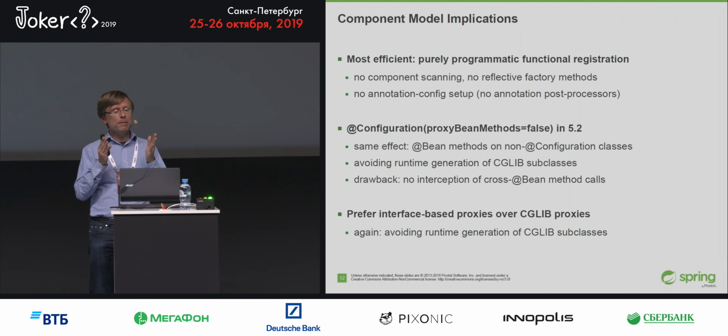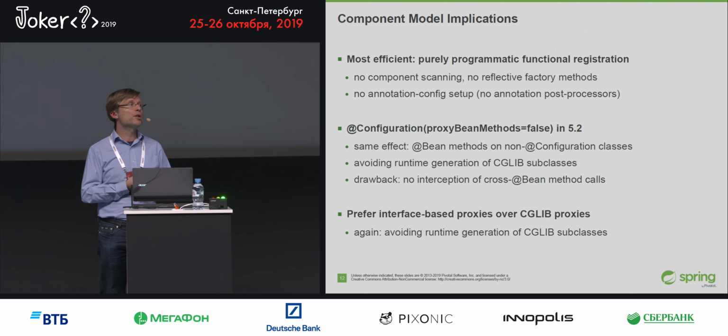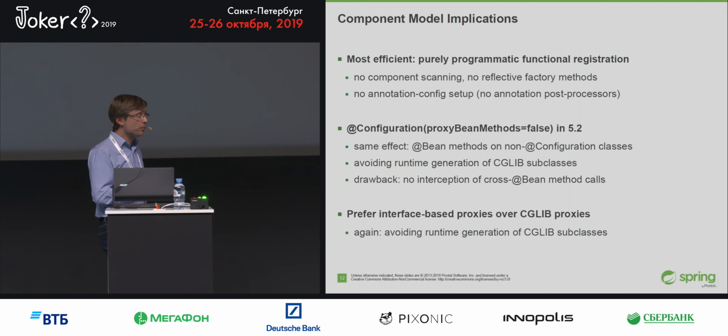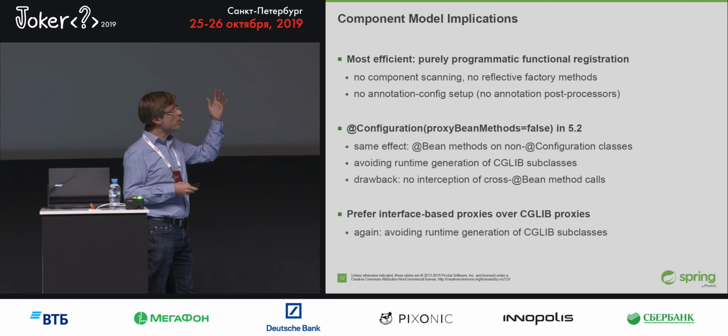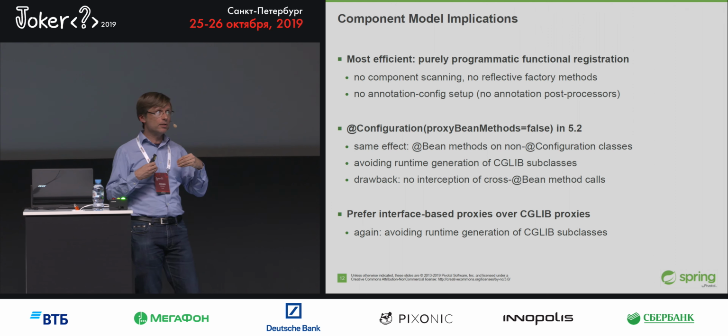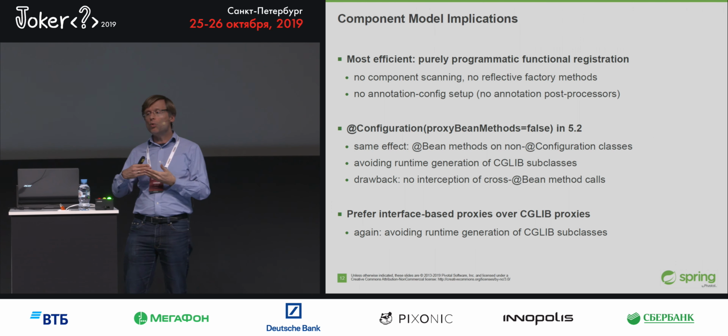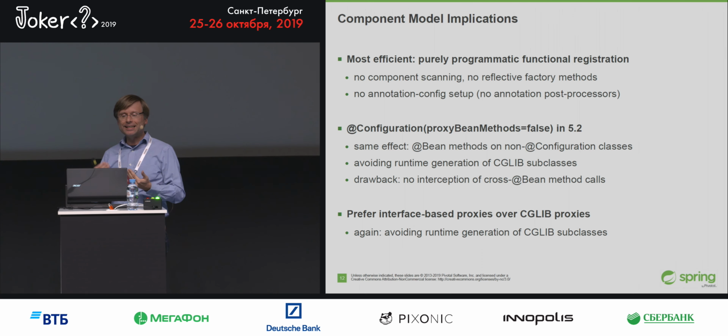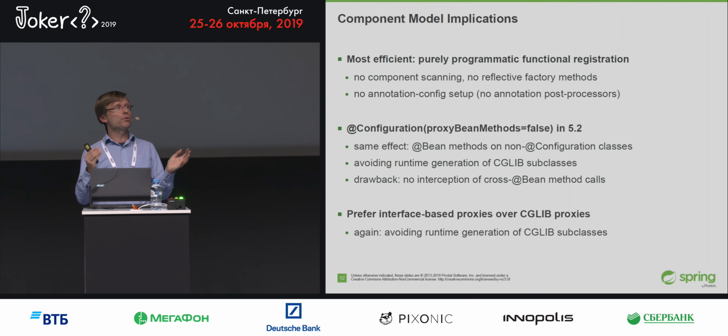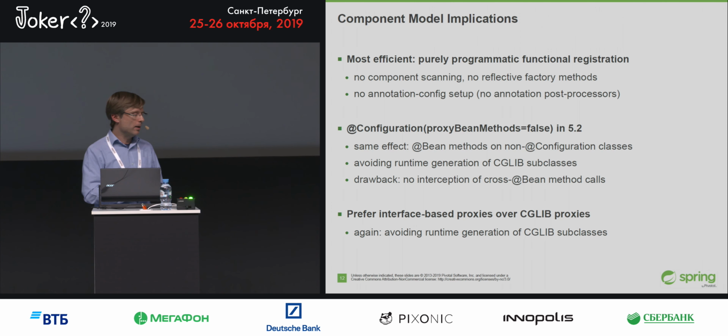It's something we have in particular been applying to Spring Boot auto configuration. So in Spring Boot 2.2, quite a few of Spring Boot's own configuration classes in its auto configuration model declared this flag now in order to skip this interception feature, which means we don't have to create a subclass that overrides those methods and intercepts those calls.